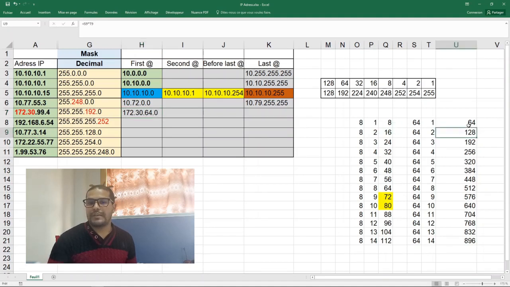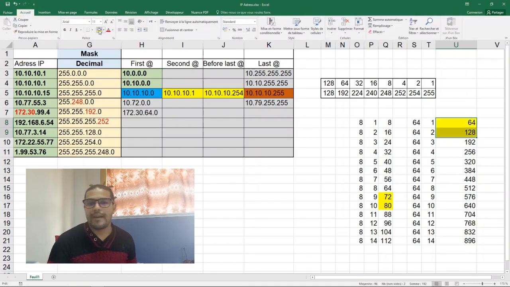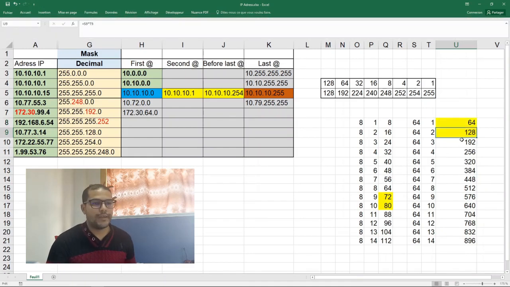And of course I'm going to take 64 and the next number, 128, so 172.30.128.0. But this belongs to the next subnet, so I need to subtract 1 from it, and the result is going to be 172.30.127.255.